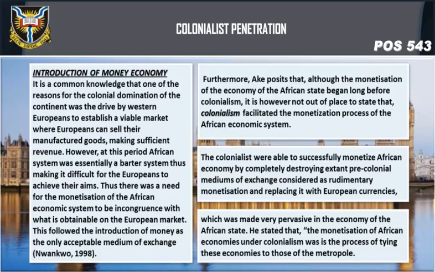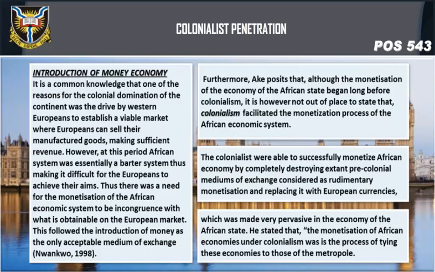Thus, there was a need for the monetization of the African economic systems to be in congruence with what is obtainable in the Europeans' markets. This followed the introduction of money as the only acceptable medium of exchange (Nwankwo, 1998).